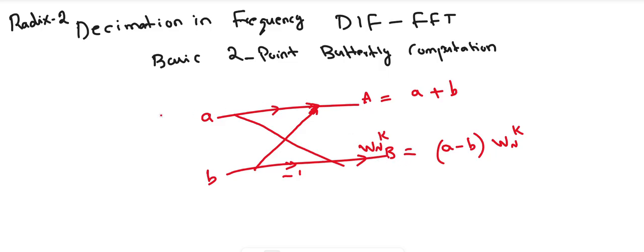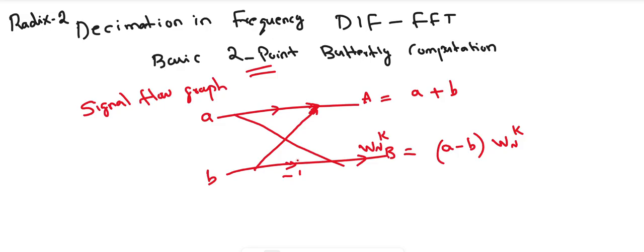So this is the basic signal flow graph for the basic 2-point computation. Since it resembles a butterfly, it is called a butterfly diagram.